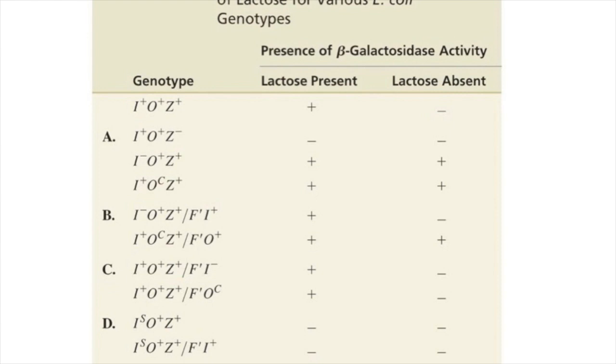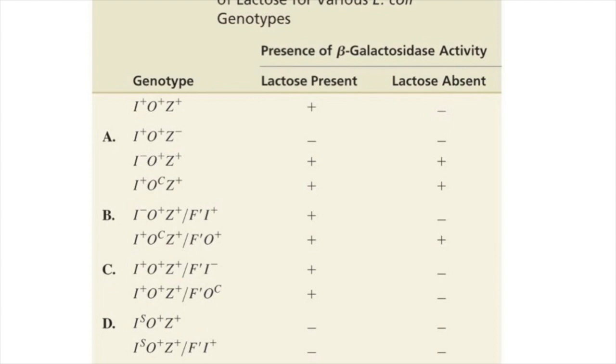In the wild type, the first line, all three portions of the lac operon in this system are functional wild type genes. When you have a functional wild type repressor gene, operator, and LacZ gene, when lactose is present, the cell makes beta-gal. When lactose is absent, no beta-gal is made.